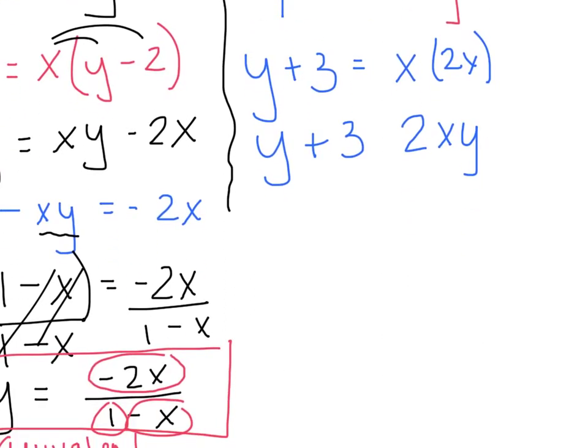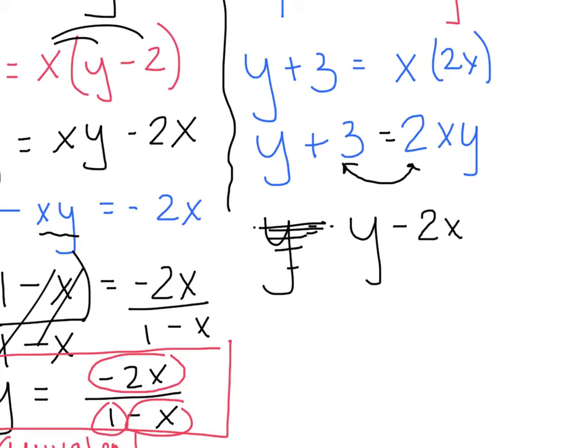So I'm basically going to move the 3 this way, and I'm going to move the 2x that way. So I'm going to say y, I'm going to subtract that 2xy over, and I'm going to subtract my 3 to the other side. Alright, so hopefully I didn't lose you. I just subtracted this one, and I subtracted that one.